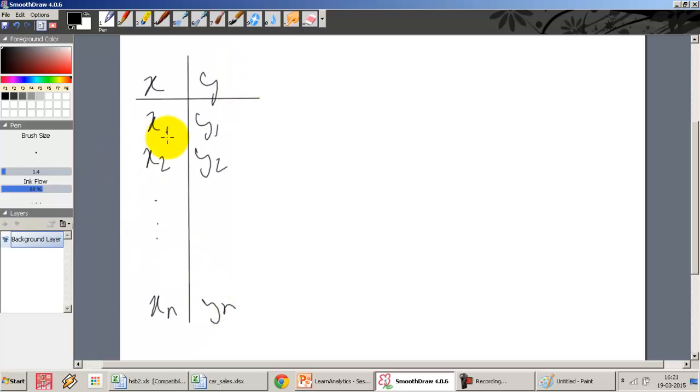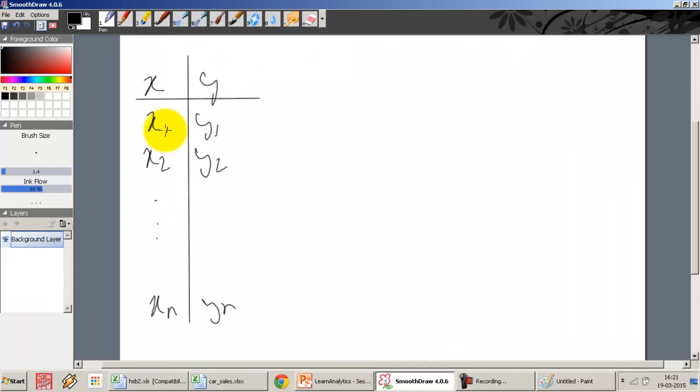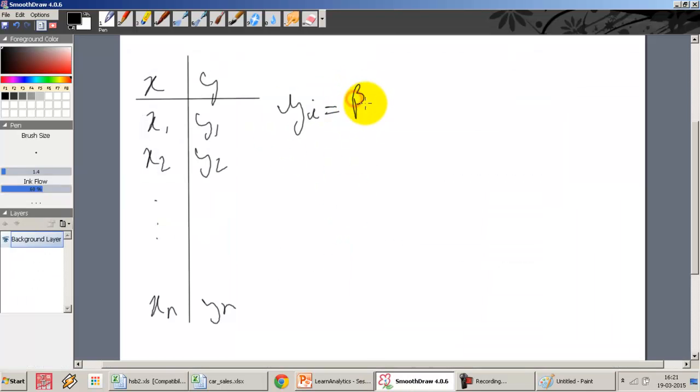So what we are essentially saying is we have xi, yi where i ranges from 1 to n. And the linear regression formula that we are following is that each observation yi is simply beta naught plus beta 1 xi plus the error term ei for each observation.